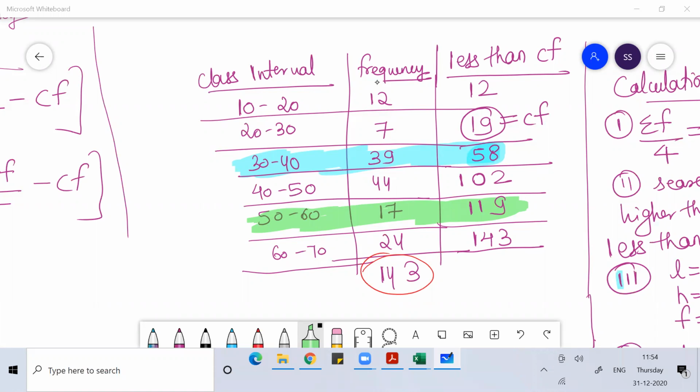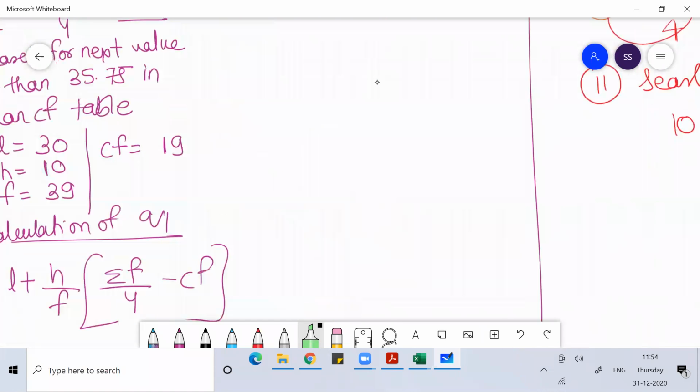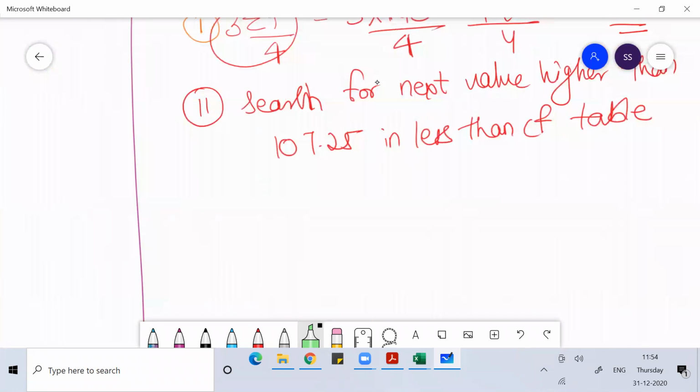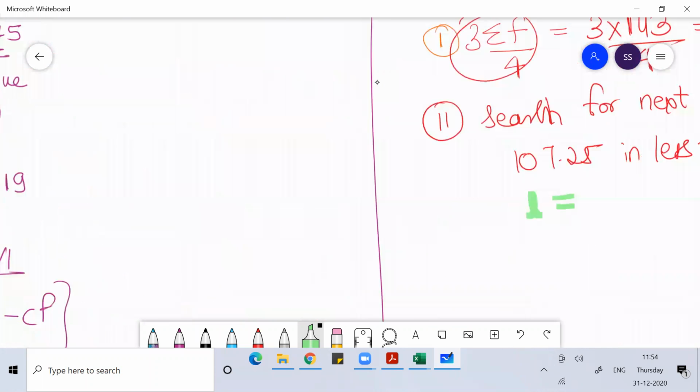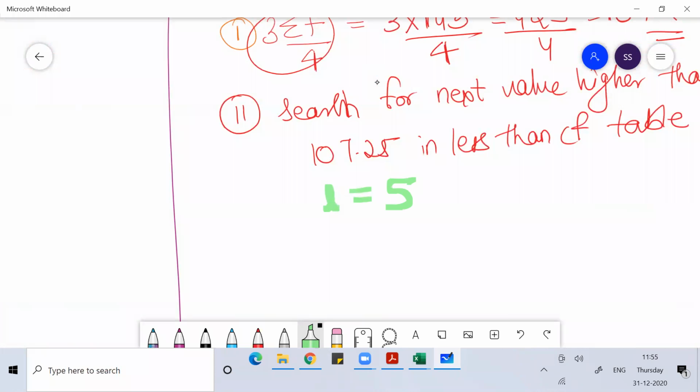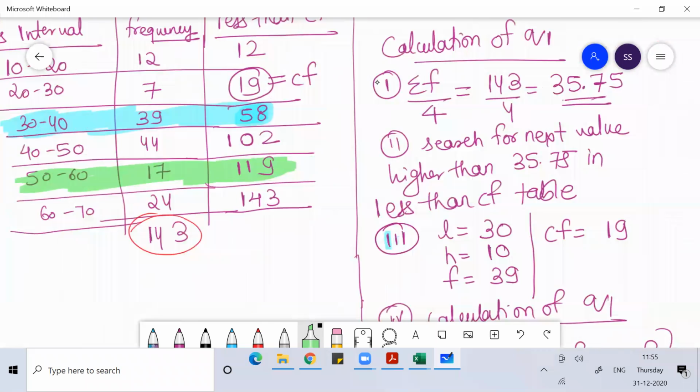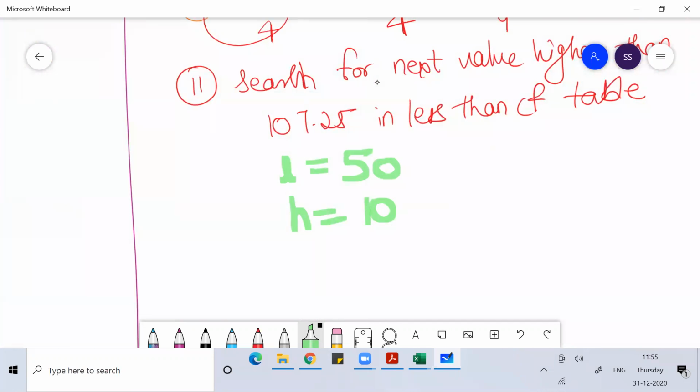Once you get 50 to 60, with this I can say my L. L is 50. What is my h? h is 10, the difference is 10. Frequency is 17.